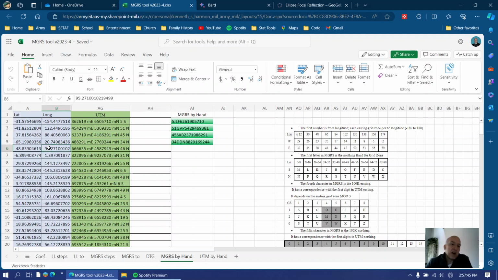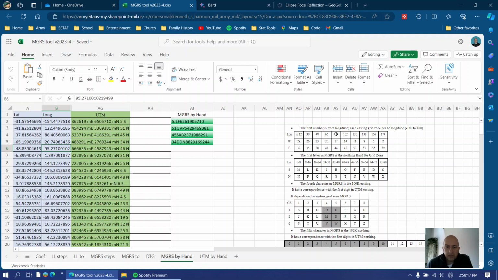If we are 95 degrees east of where England is, that puts us somewhere over by India. So we want to look at longitude 95 degrees going to the east in 6-degree chunks.